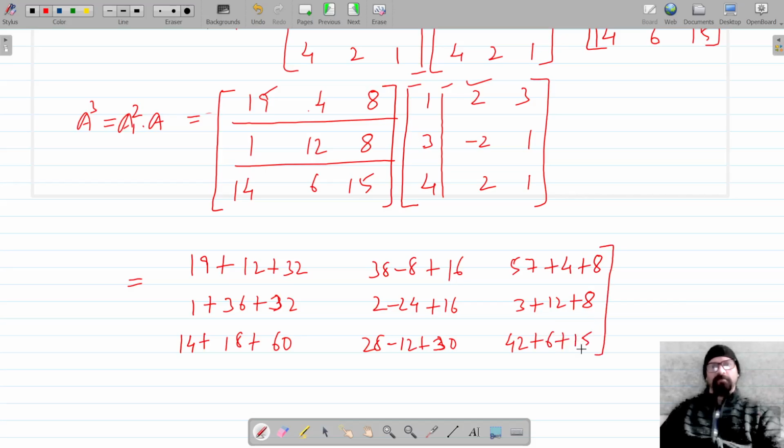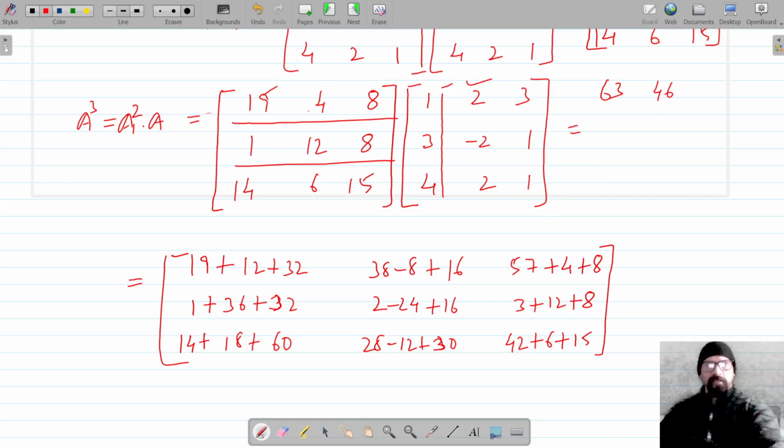Okay, so A cube here is 19 plus 12 plus 32, so it's 63. 38 minus 8 is 30 plus 16 is 46. And then it's 57 plus 4 is 61 plus 8 is 69.